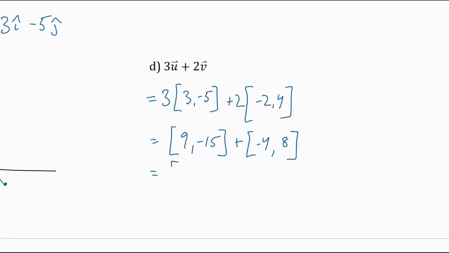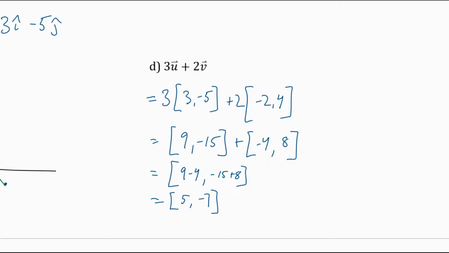And if I really wanted to, I could write this out as 9 minus 4, negative 15 plus 8, which works out to 5, negative 7.